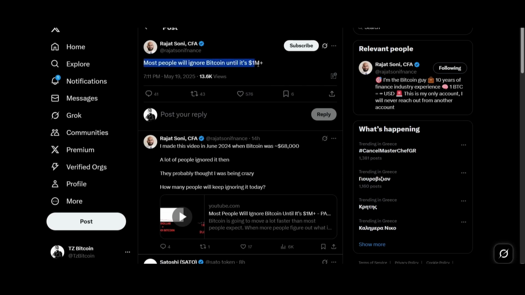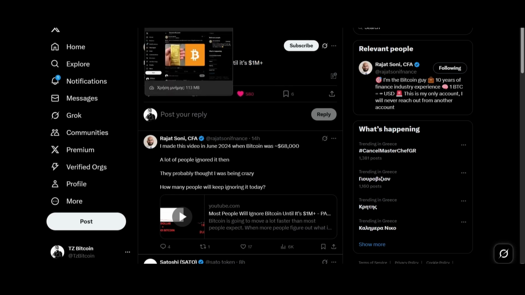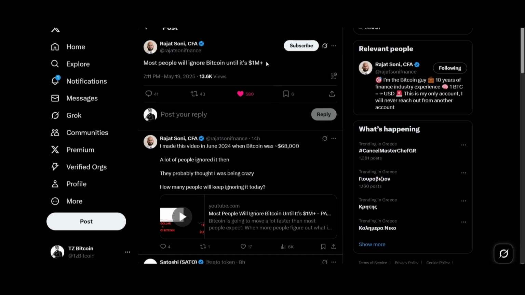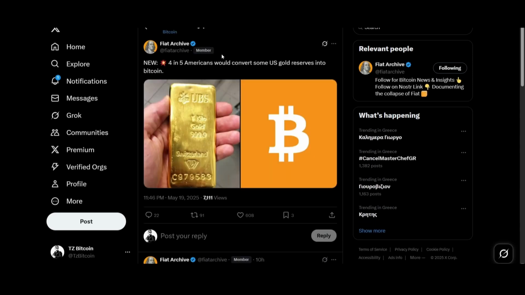Most people will ignore Bitcoin until it's 1 million plus, and that's the harsh reality, guys. But yeah, everyone will buy Bitcoin at the price he deserves to. 4 in 5 Americans would convert some US gold reserves into Bitcoin. Bitcoin has big advantages over gold, so it's a matter of time as well.